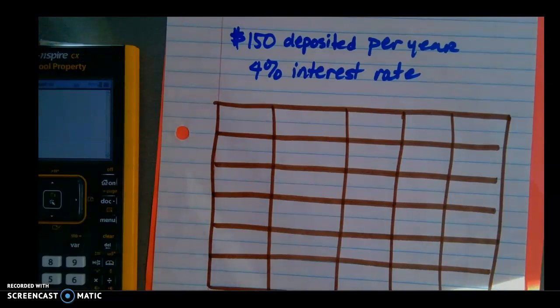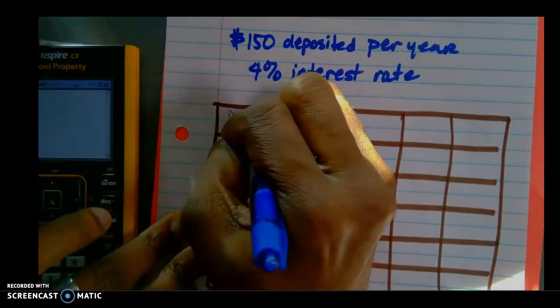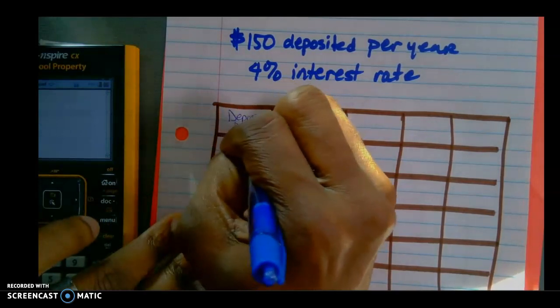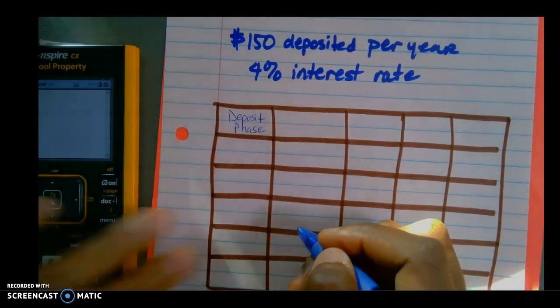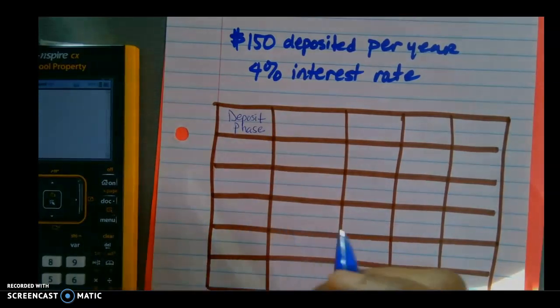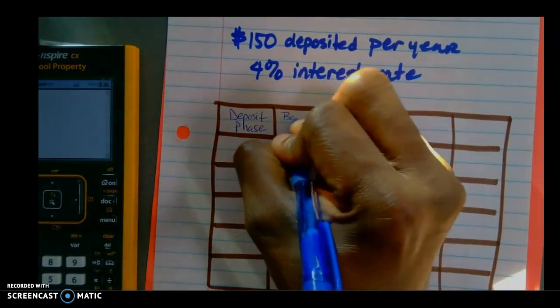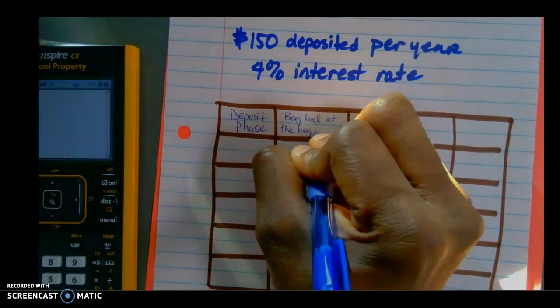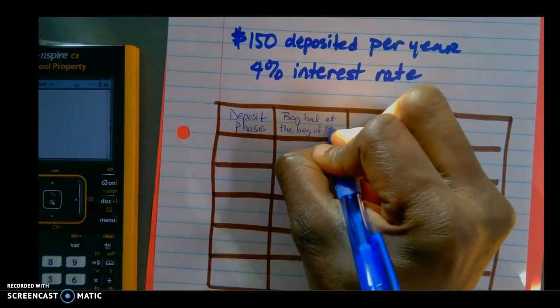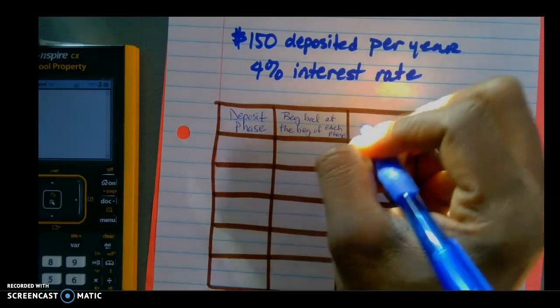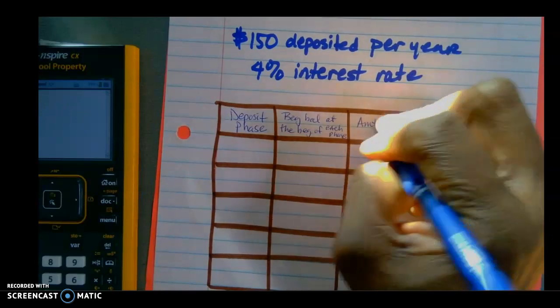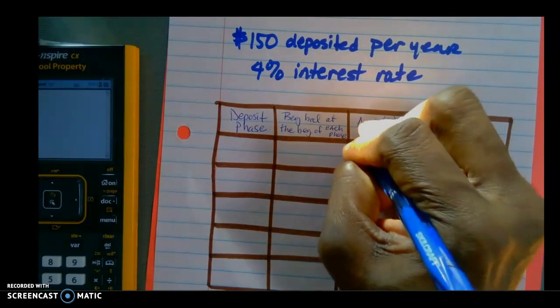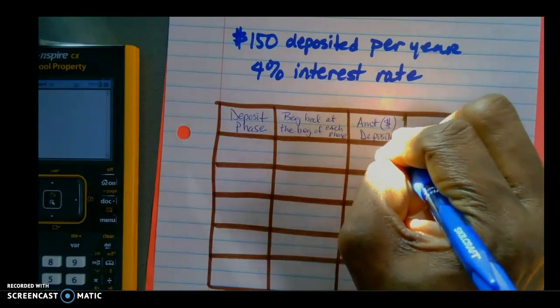All right, and I'm going to start off by labeling these in different things. So I'm going to label this as the deposit phase. That's the amount of time that she's actually saving her money. The beginning balance at the beginning of each phase. We're going to talk about the amount, and of course that's money, that she deposits.